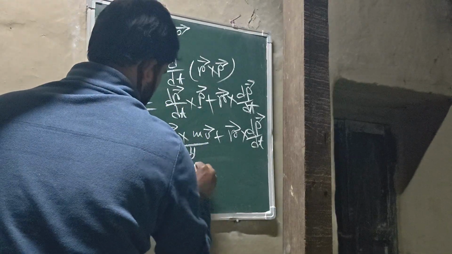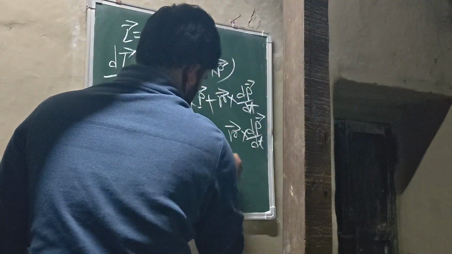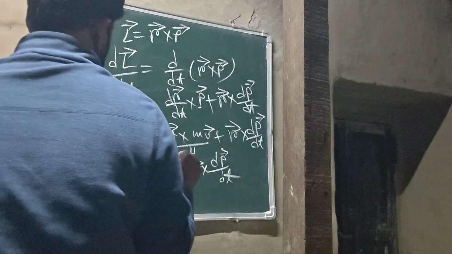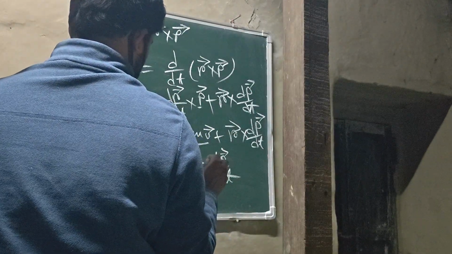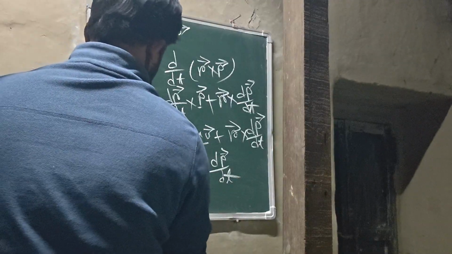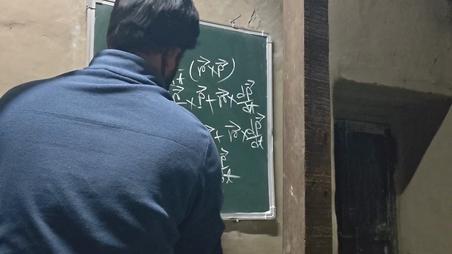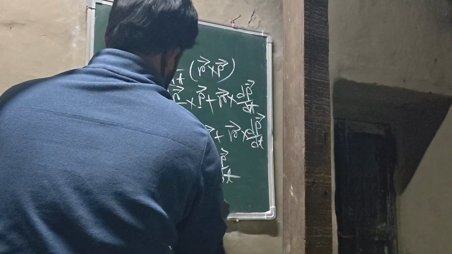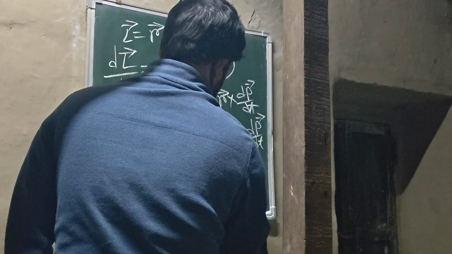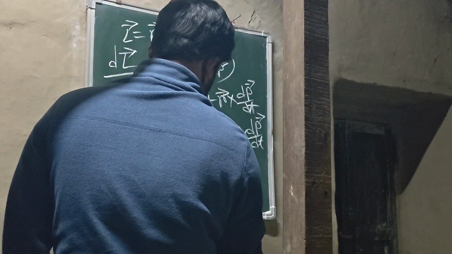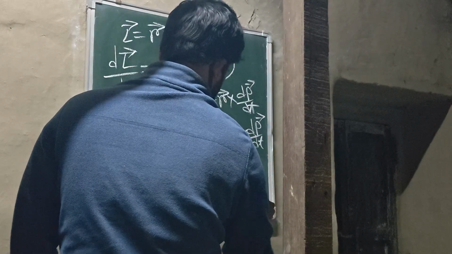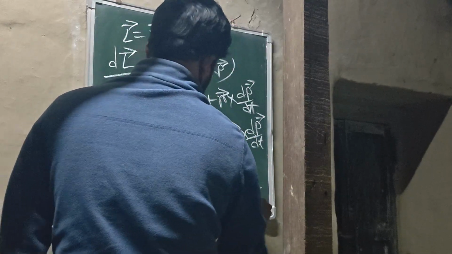Then 0 plus r vector cross dp/dt. This term, r vector cross dp/dt, that means the time derivative of angular momentum is called the torque tau.